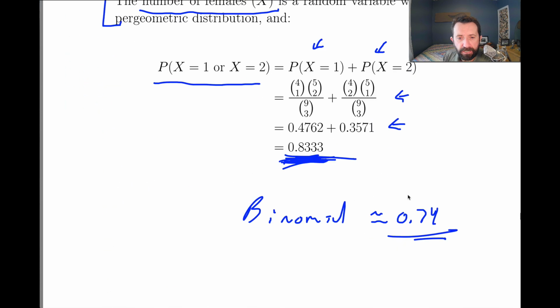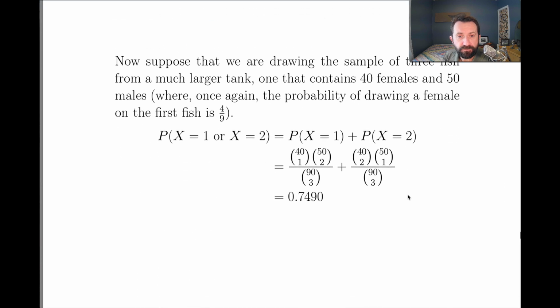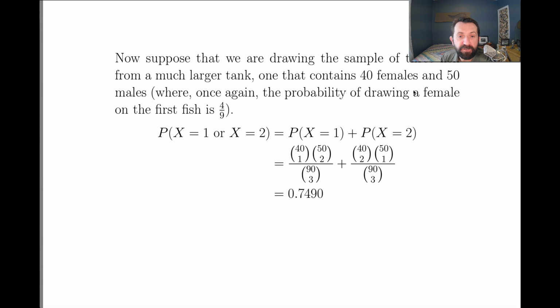So let's look at this. If we did this same example, where we're drawing 3 fish, but from a much larger tank. We had 4 females before, and now we've got 40 females and 50 males. The probability of getting a female on the first fish I'm leaving the same.